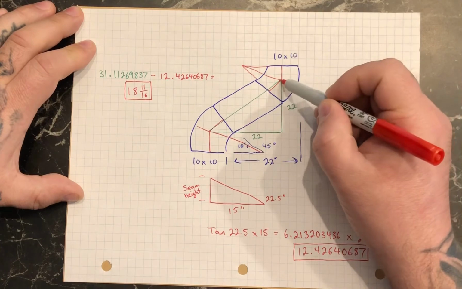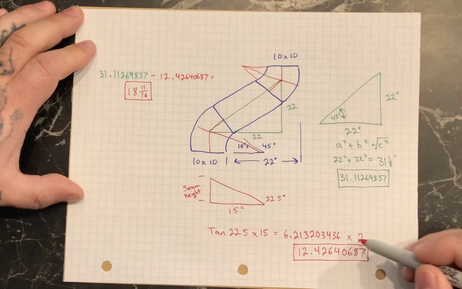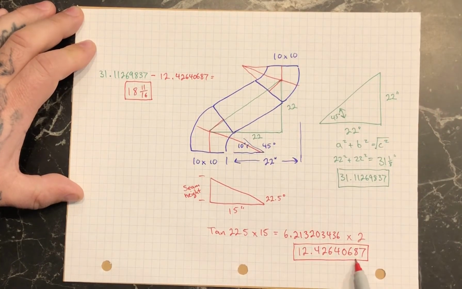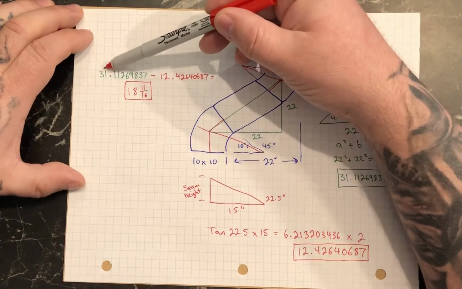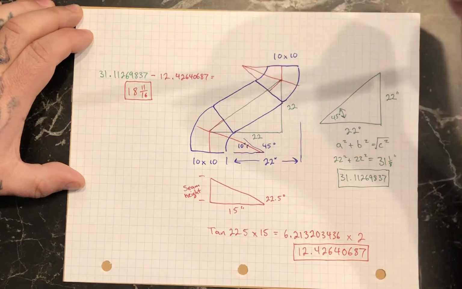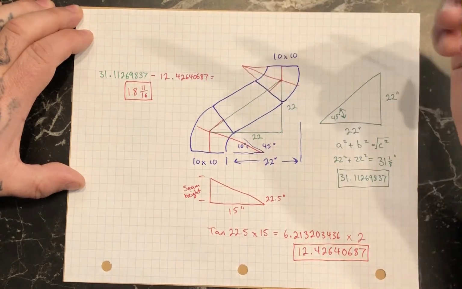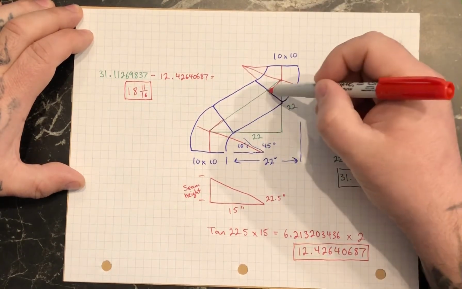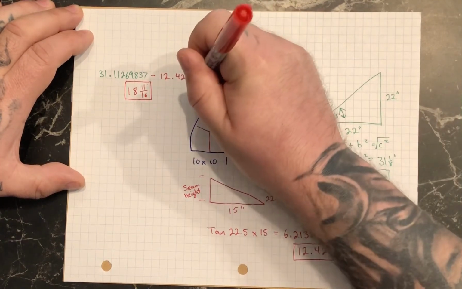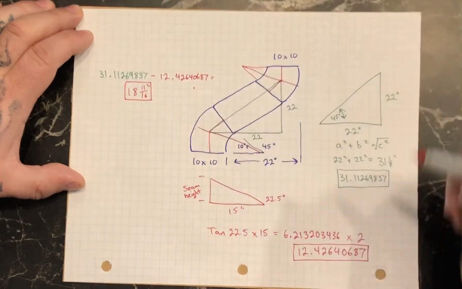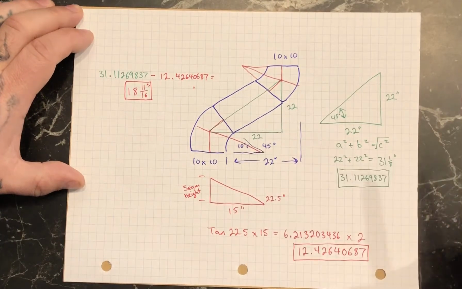But we're going to have to subtract it off once here and once here, so I just multiplied that by 2 to give us both of those dimensions. Then I subtract 12.43 off of the 31.11, which leaves us with a duct length from here to here of 18 and 11/16.